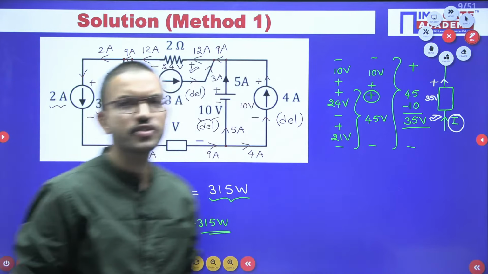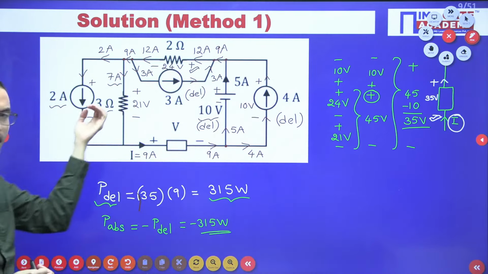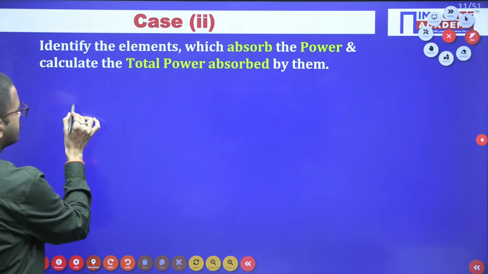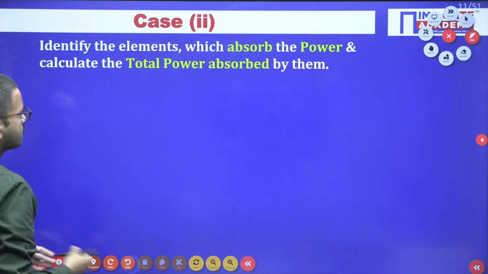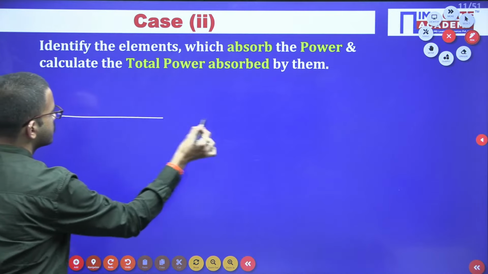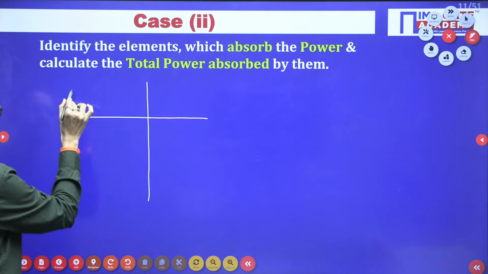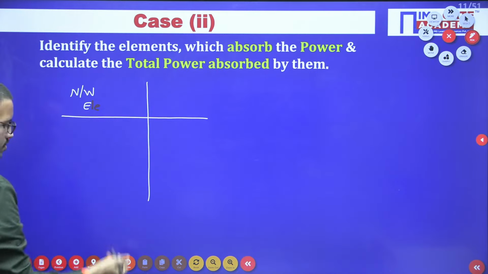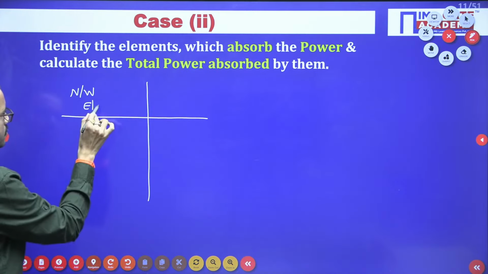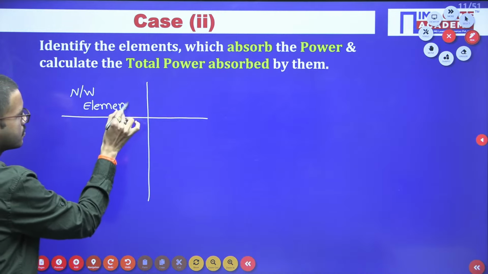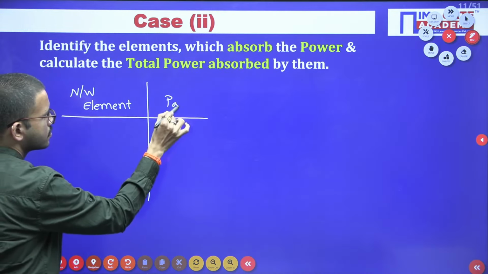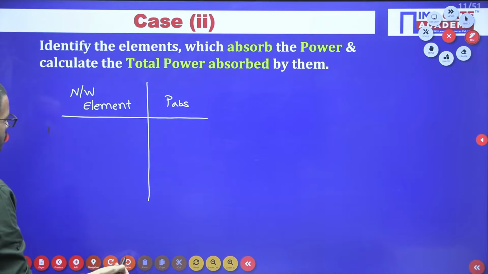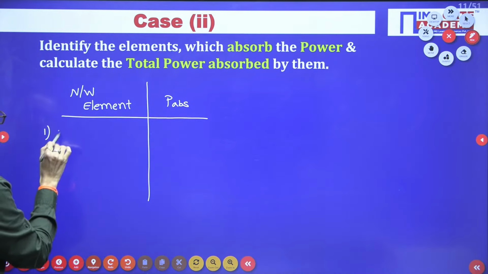Very good, Manoj. So here we have the 2 ampere current source.